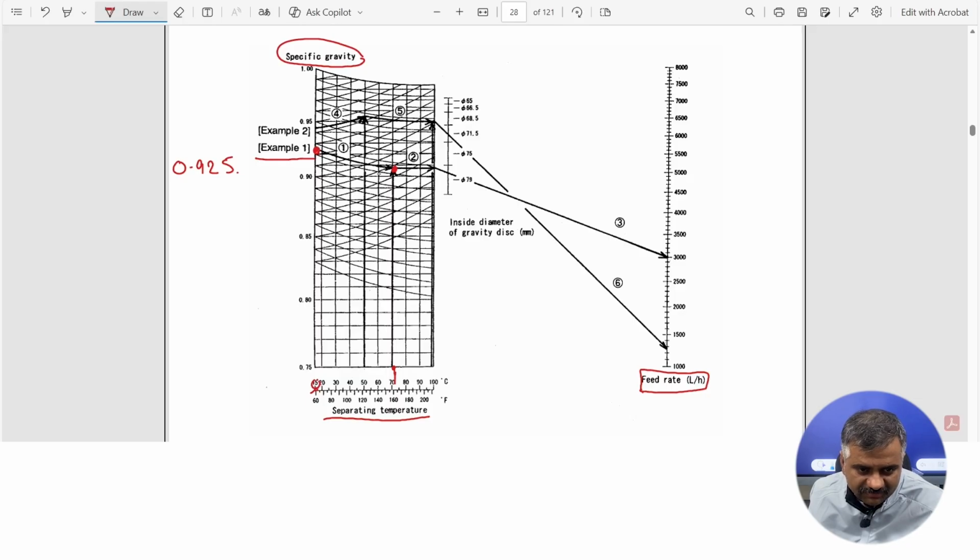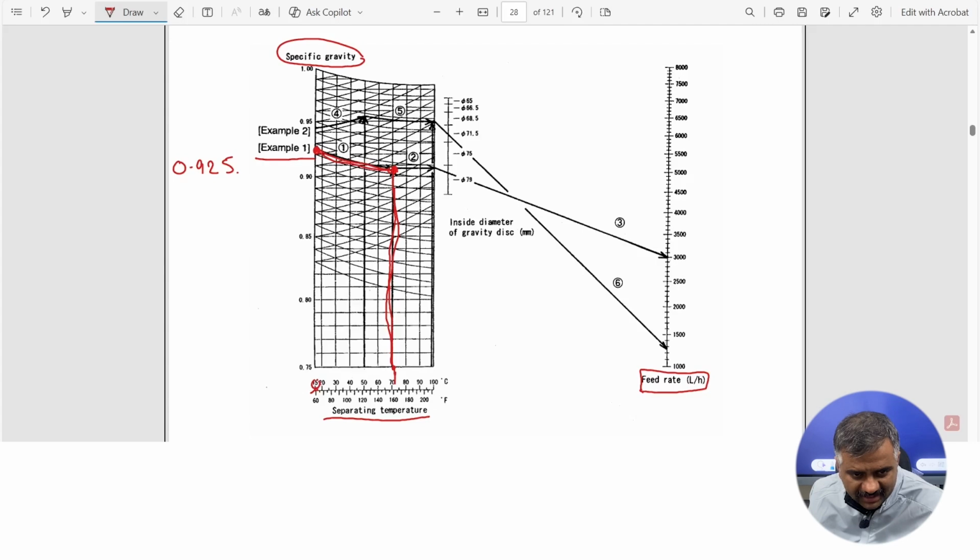There are specific curves like this. This is a falling curve. So for 0.925 we have to ride on a falling curve and match it with a line drawn from these 70 degrees. One line will be passing from the 70 degrees centigrade line in the temperature curve. From that we have to match this 0.925.